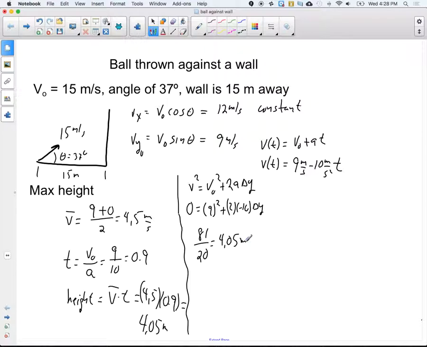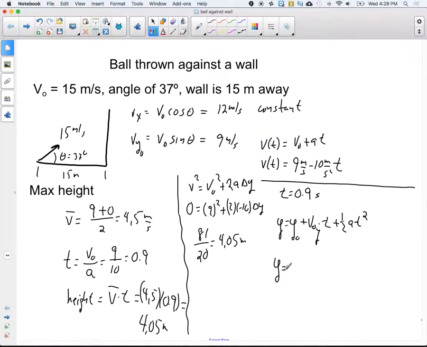And then last but not least, the last way to do it is, again, we know that the time to the top is 0.9 seconds. So y is equal to y0 plus v0y times t plus 1/2 at squared.